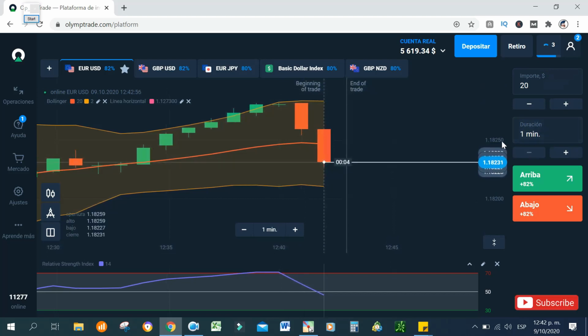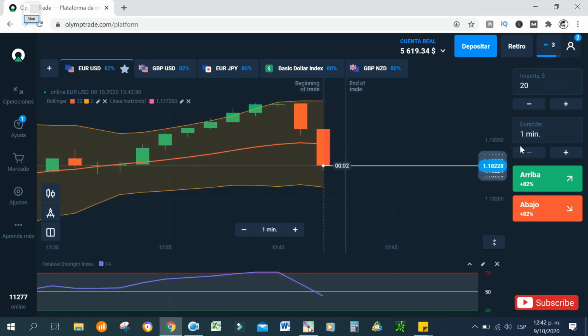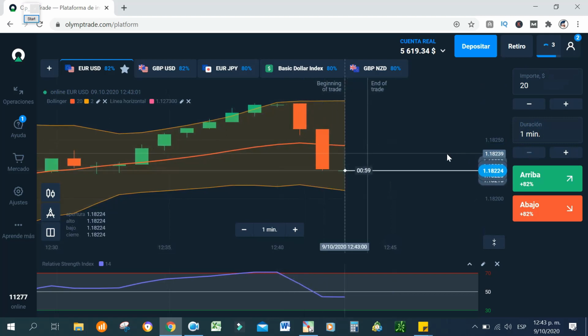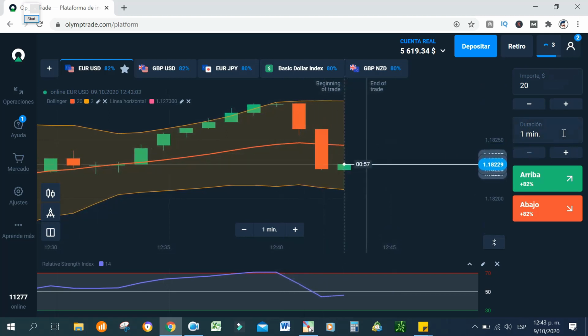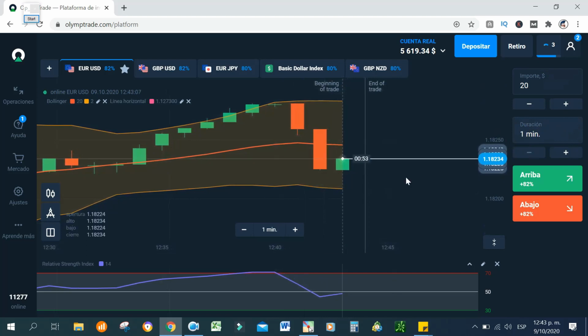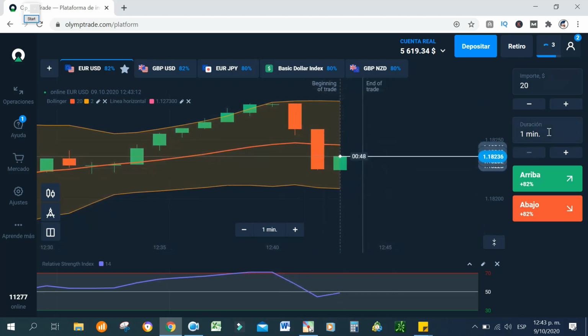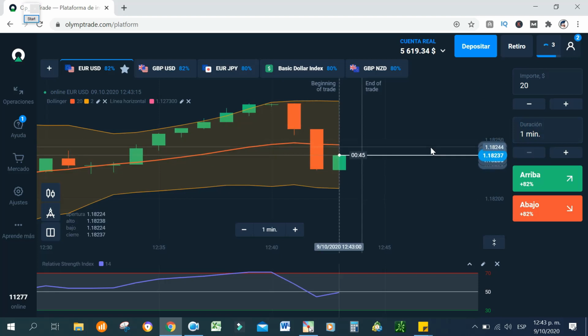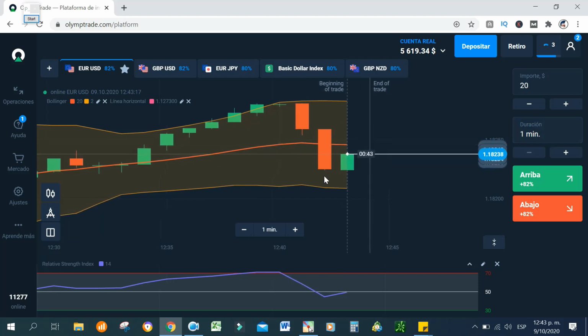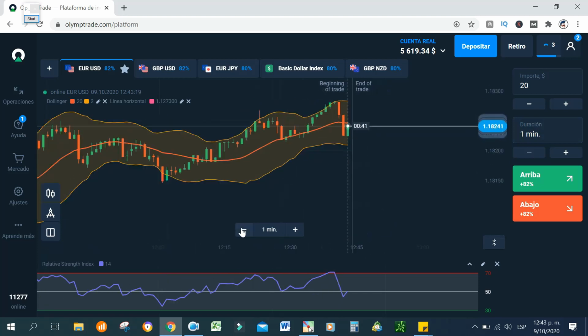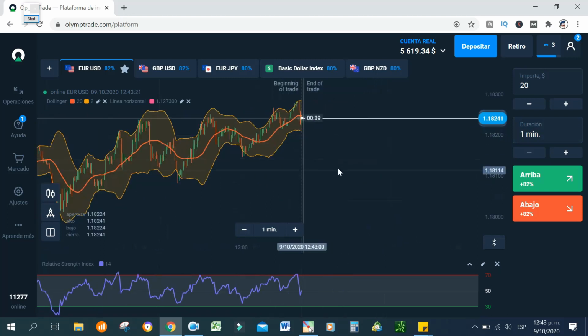I mean, unlike IQ Option, which is not exact, here if you are going to make a trade and you put 1 minute, that trade will expire in 60 seconds. Okay, 60 seconds, 1 minute exactly. So guys, you need to be aware of this. You need to know when to take the entry.